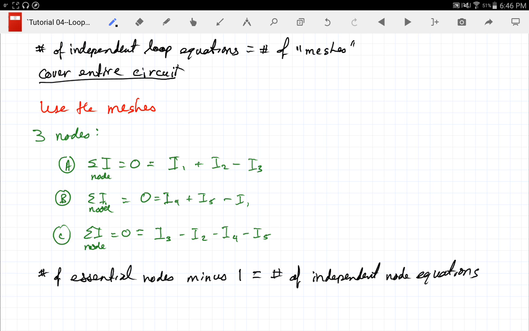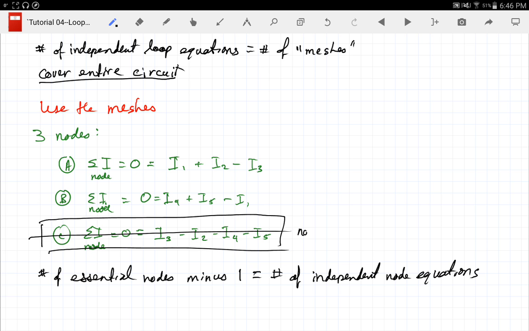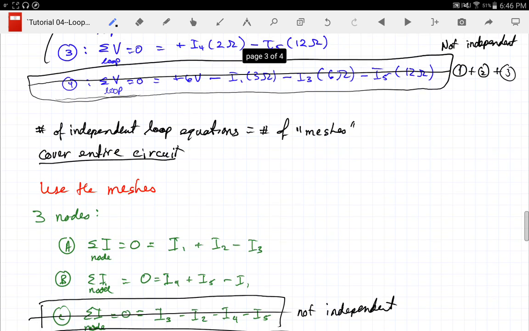You might say, wait, those are all the opposite signs. Well, but it's equal to 0. So if I take A plus B, that's equal to minus C. And so I have to get rid of one of them. And so I'll just randomly choose one and say this one is not independent. So now I have 3 equations.